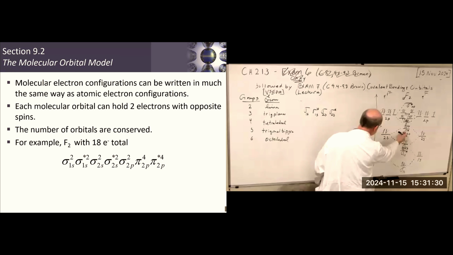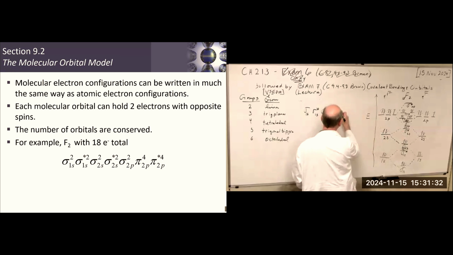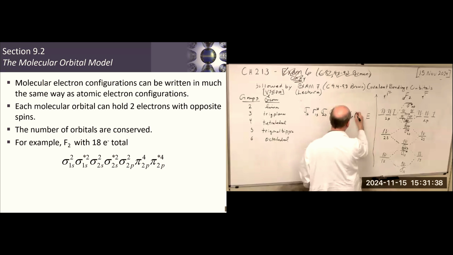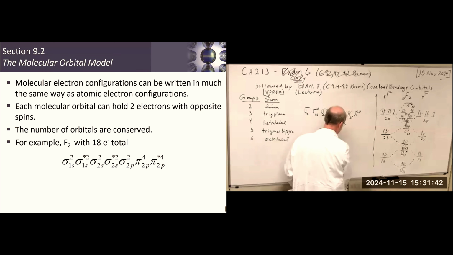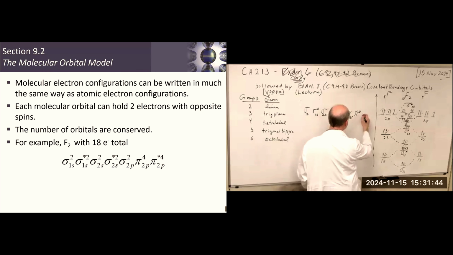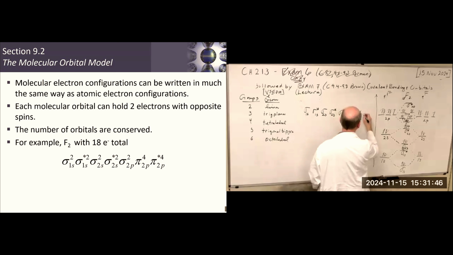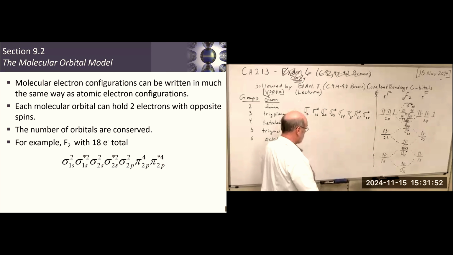That takes us up to here. Then we would have a sigma 2p, a pi 2p, then a pi star 2p and a sigma star 2p. And if you write it that way, then that saves you a whole lot of trouble.